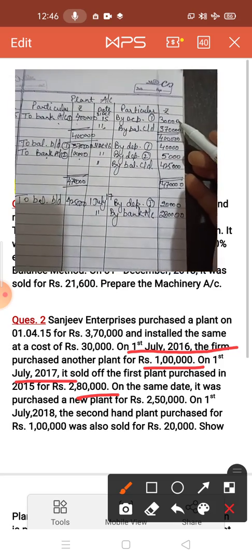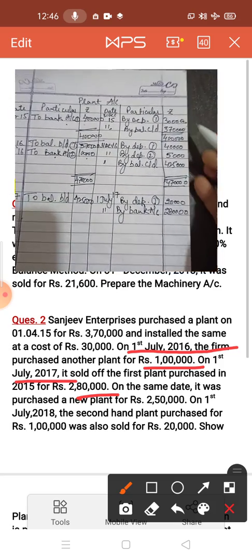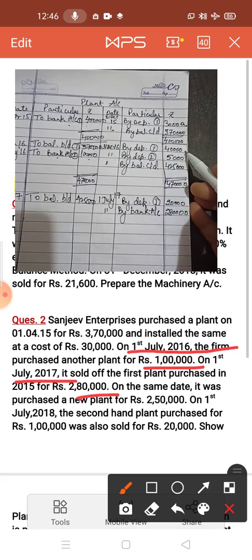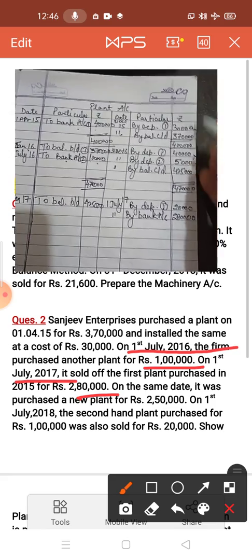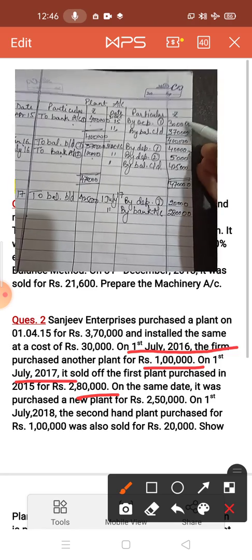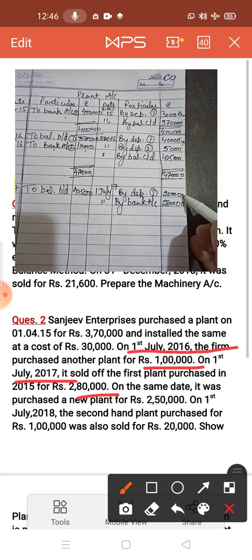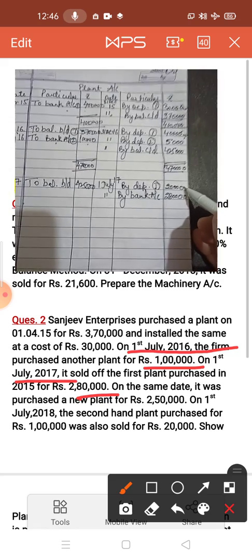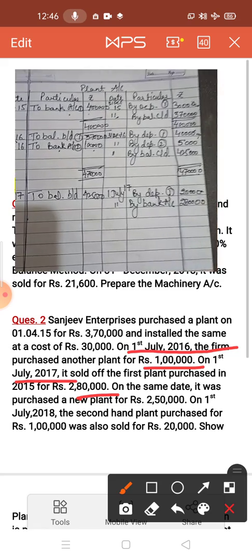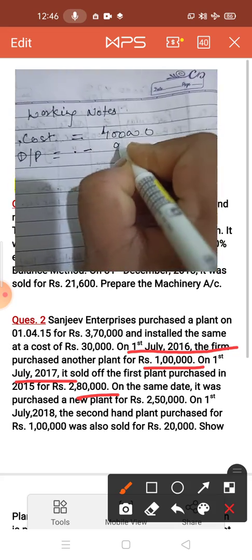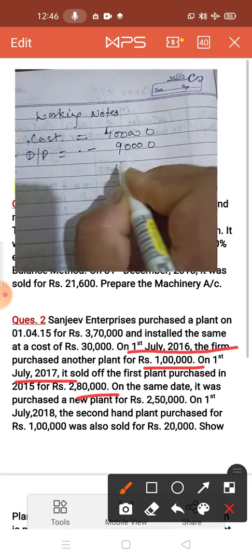So on the first plant the first depreciation is 30,000. Second year first plant depreciation is 40,000. We have already found out separately. 30 plus 40, 70,000, and this 20,000 depreciation in the third year for 6 months. So total depreciation amount is 90,000.